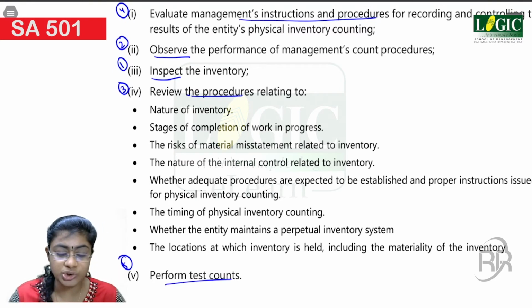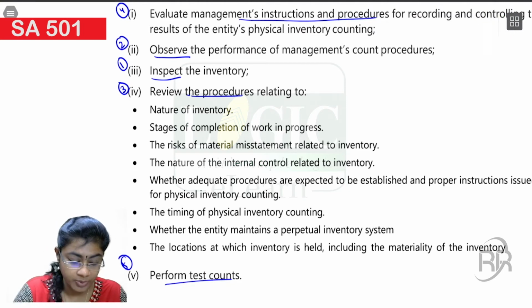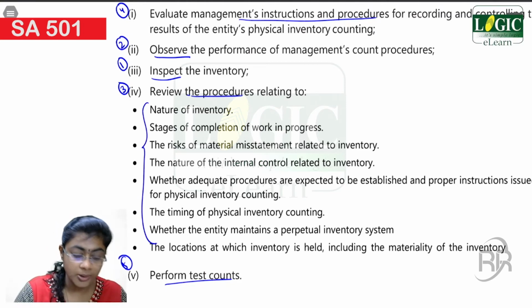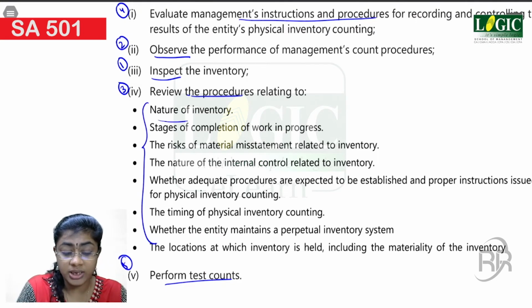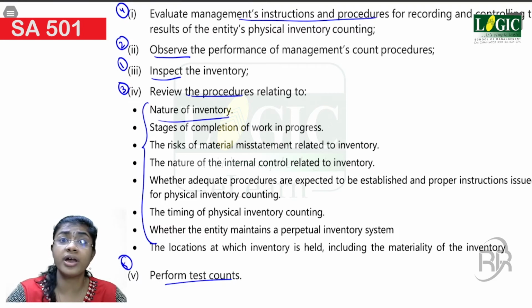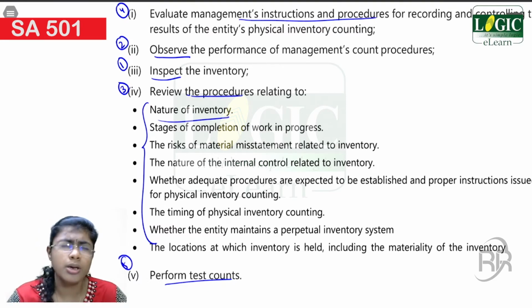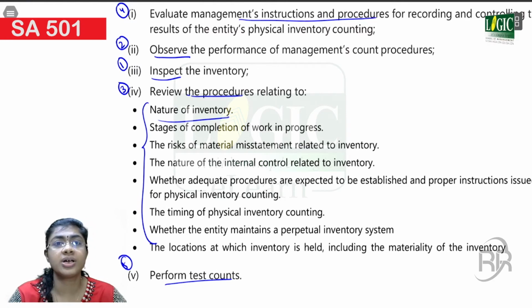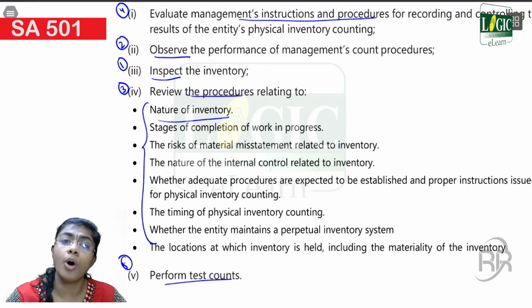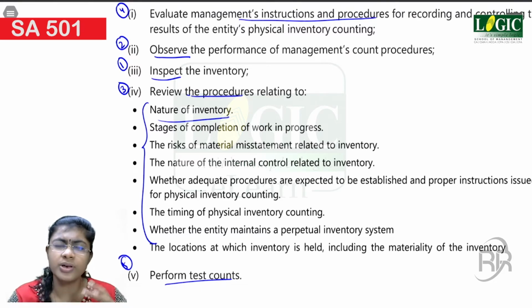What procedures do we evaluate here? Kindly note this. We evaluate the nature of inventory, what type of inventory it is. Big manufacturing concerns will not only have one type of inventory, they will have lots of inventories, different varieties.